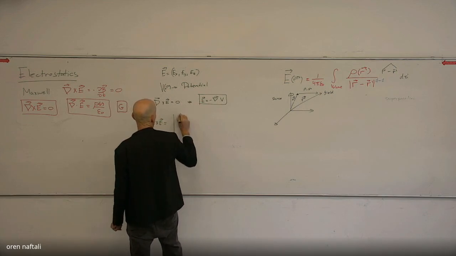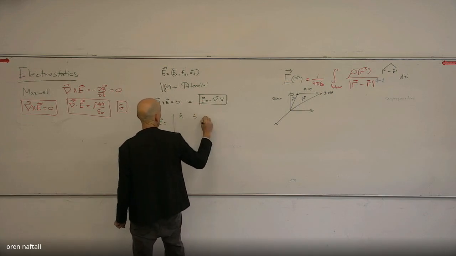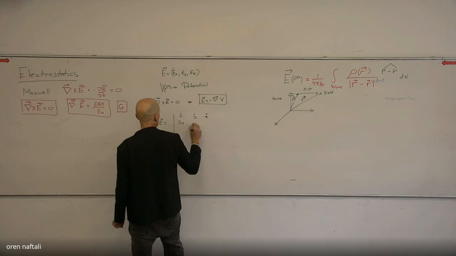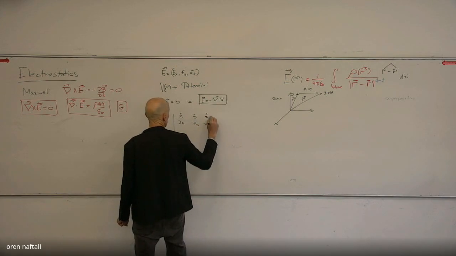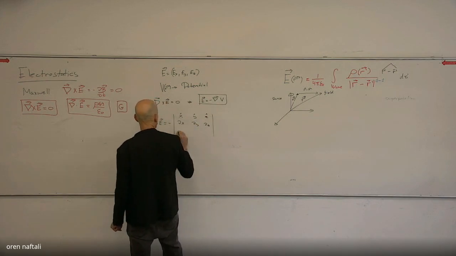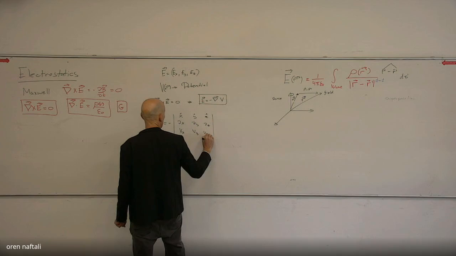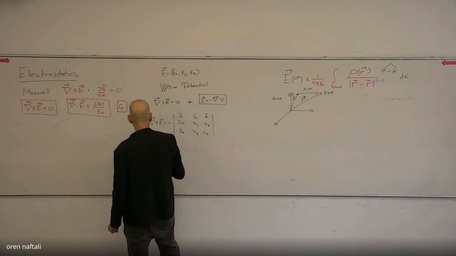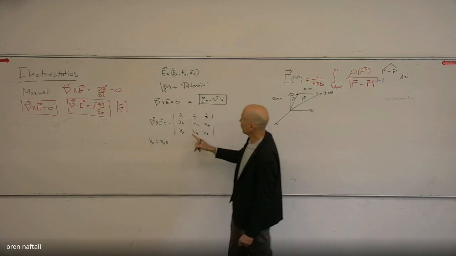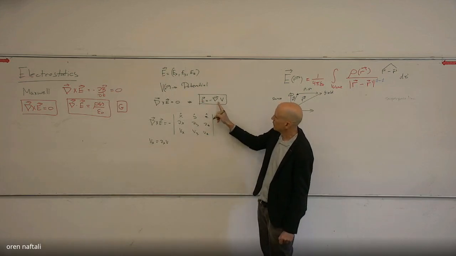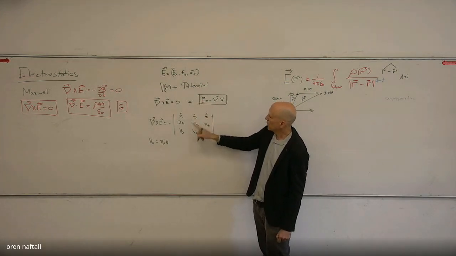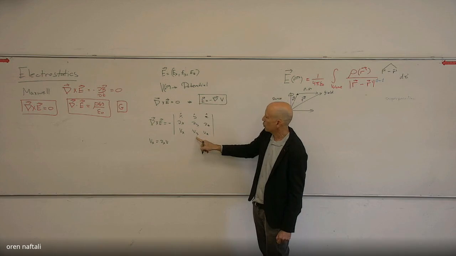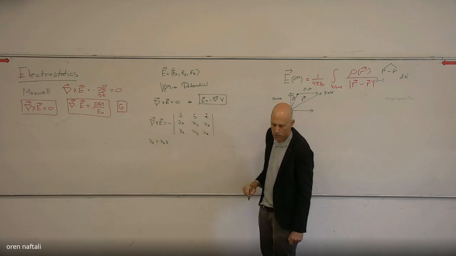This is just the determinant with x, y, z, then d/dx, d/dy, d/dz, and with the minus sign, Vx, Vy, Vz, where Vx is the derivative of V with respect to x. So I just wrote the definition of E here: Ex, Ey, Ez together with this minus sign.